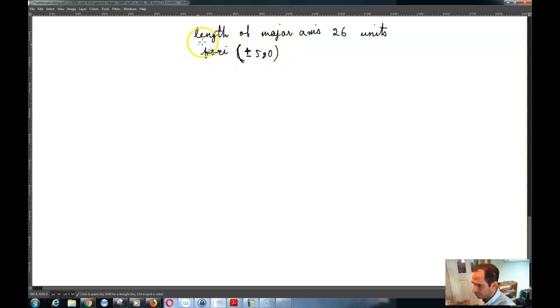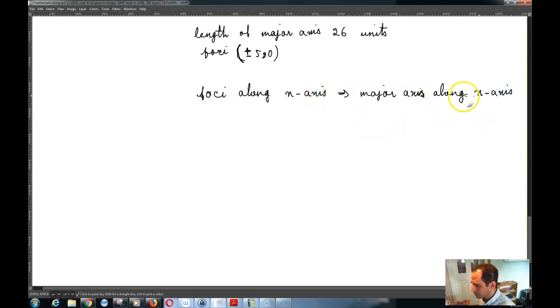So since your foci are along the x-axis, then your major axis is along the x-axis.